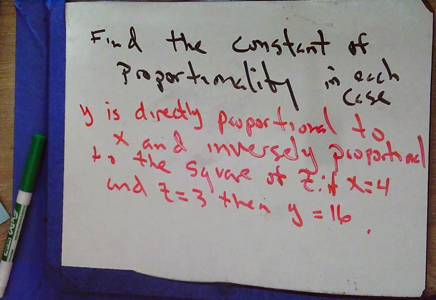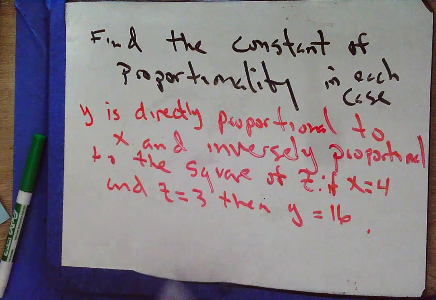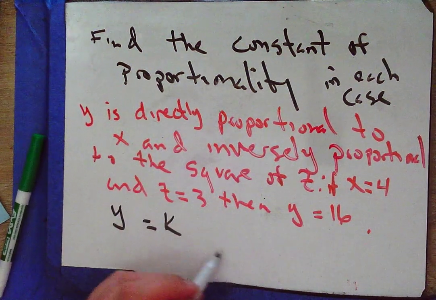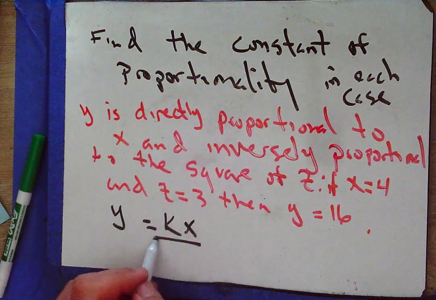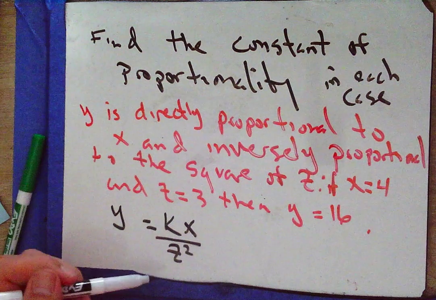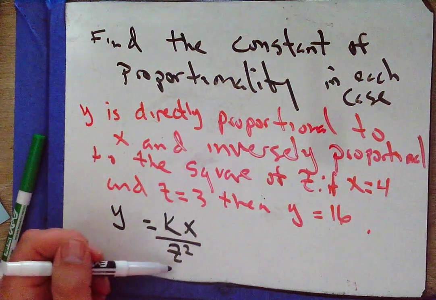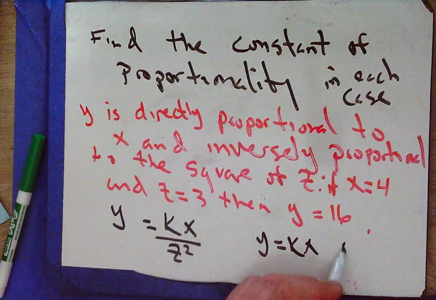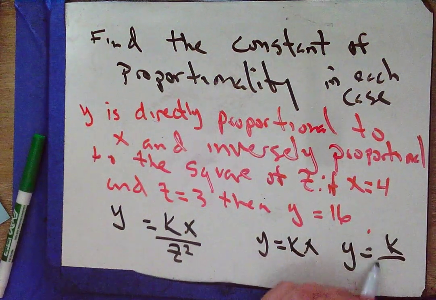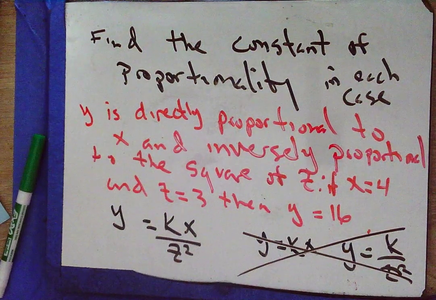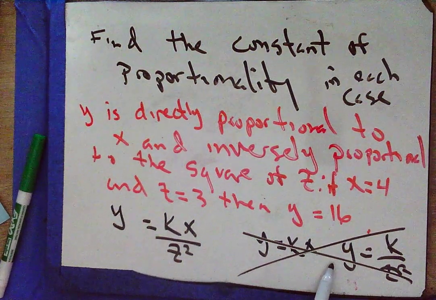Okay, so let's see if we can find that constant of proportionality. Y is directly proportional to x and inversely proportional to the square of z. Did you notice that I didn't do two separate y equals kx and y equals k over z squared? It's not two different things. I see that a lot in the quiz too.